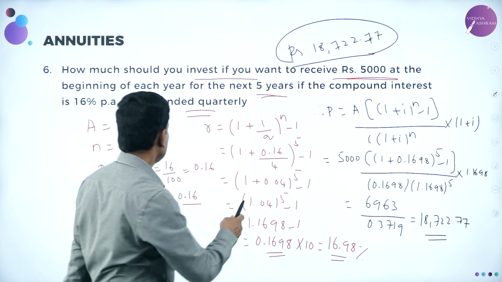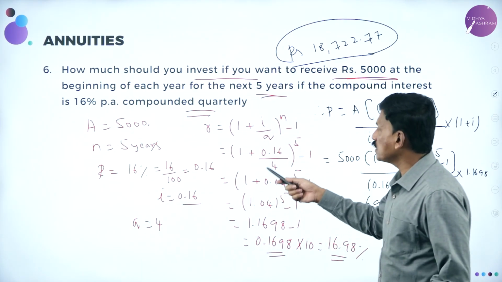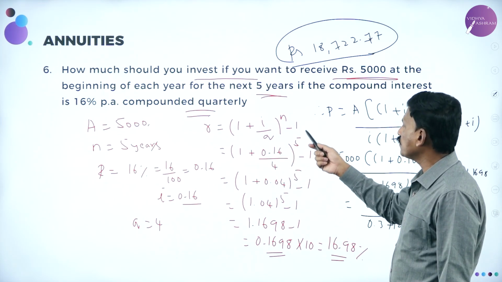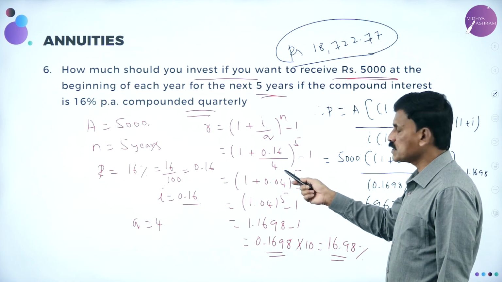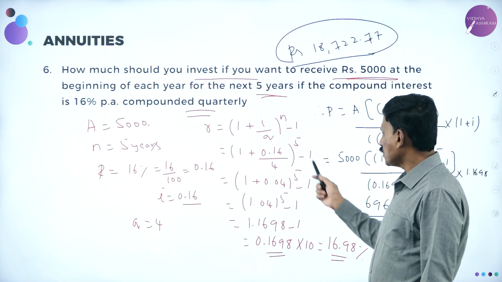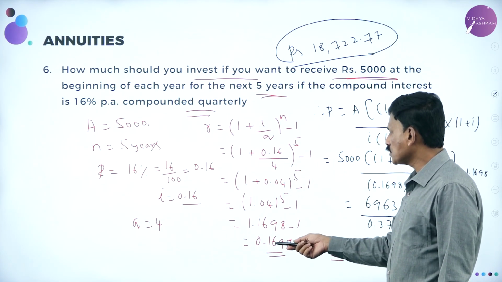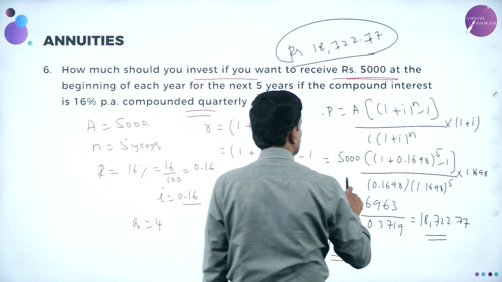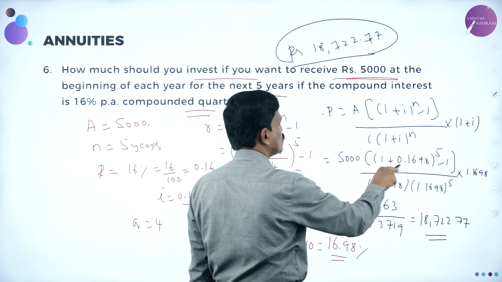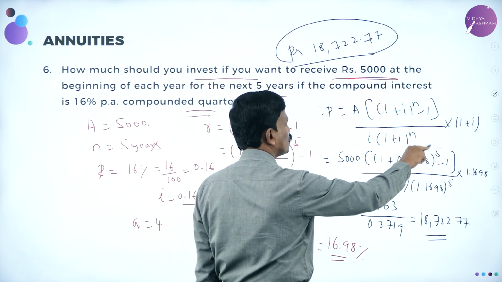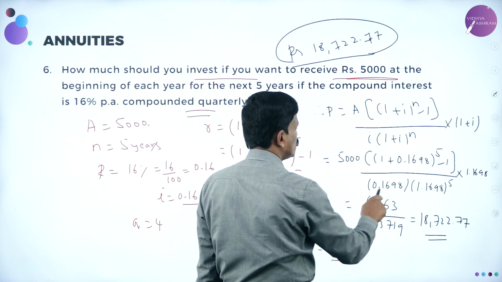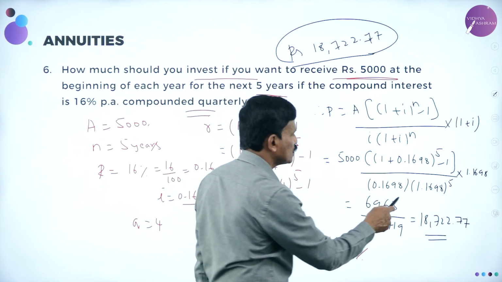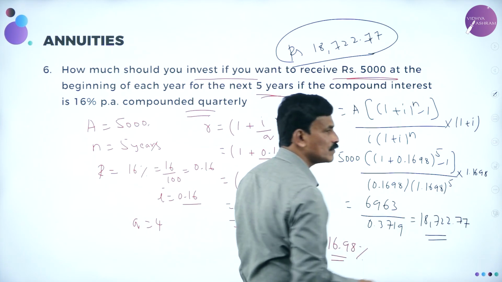See here, we just find out the effective rate of interest. The effective rate of interest is 1 plus I divided by q to the power of n, minus 1. That is 1 plus 0.16 by 4 to the power of 5. On simplification, you are going to get 0.1698. Consider this as I. Substitute here A is 5,000 into 1 plus I, which is 0.1698, to the power of 5 minus 1, divided by I, which is 0.1698, into 1.1698 to the power of 5 into 1.1698.